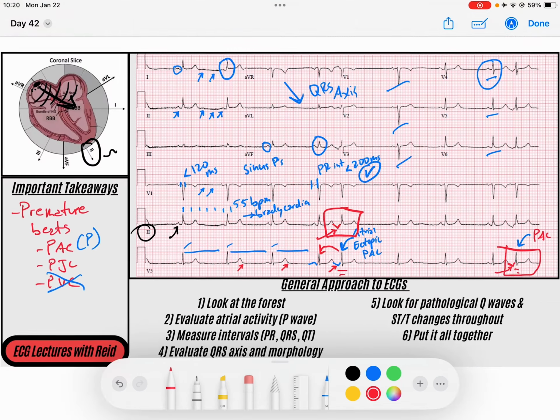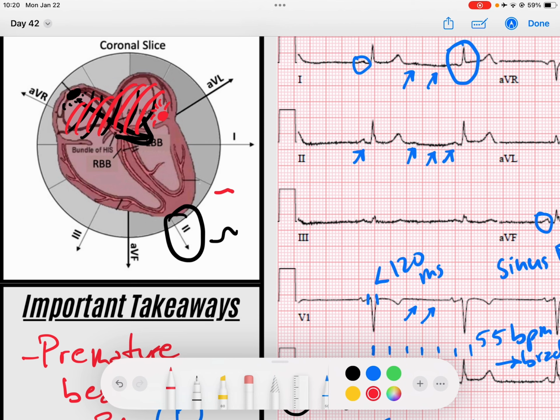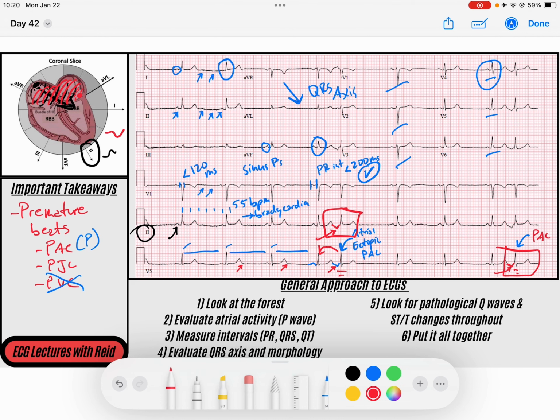Why would that be negative? Say I have a PAC occurring right here, firing off an ectopic atrial contraction. It's going to depolarize away from lead 2, and anywhere away from lead 2 creates a negative deflection in lead 2. That's one good way to determine if there is atrial ectopy.